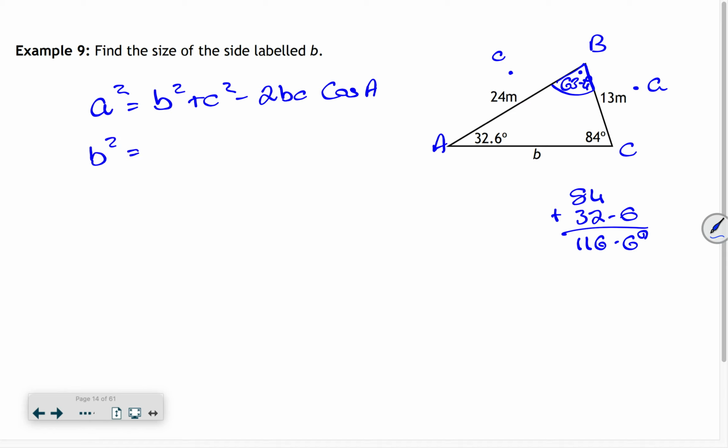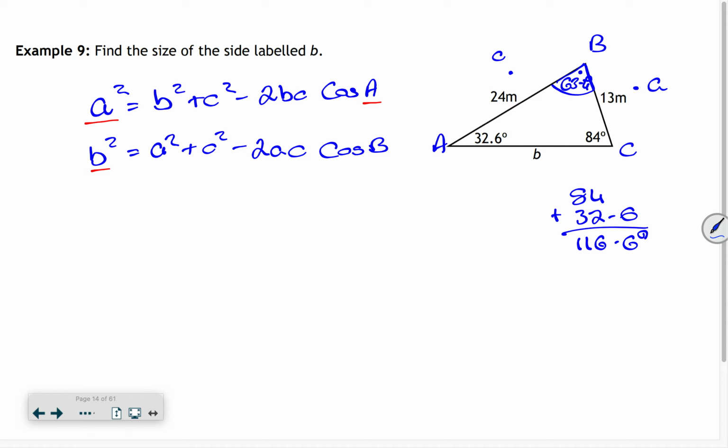And look at the way the letters pair up. A goes with A. So B has to go with a cos B at the end. And then it's going to just be A squared plus C squared minus 2AC. The order that you put things in really matters here, so you need to get used to doing this.